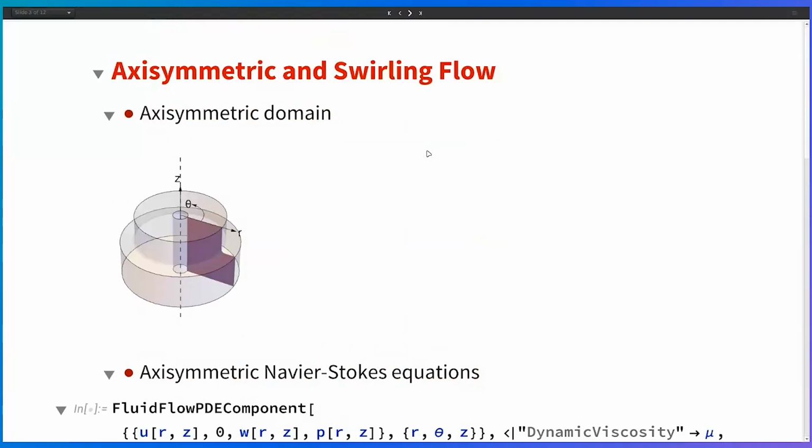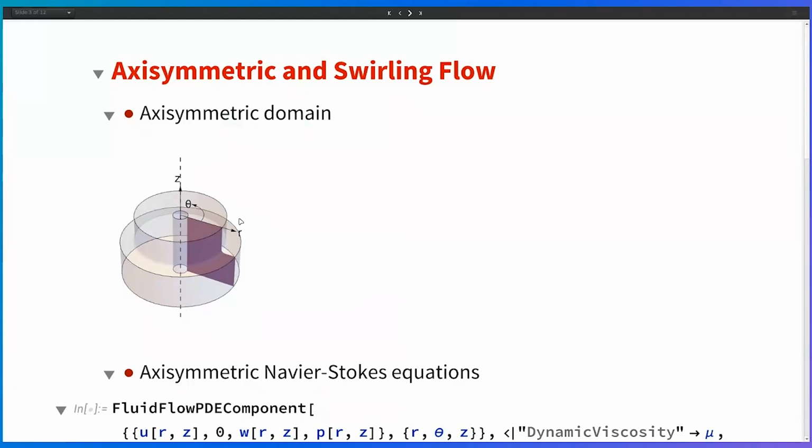So axisymmetric flow is a flow in an axisymmetric domain, and an axisymmetric domain is a domain with rotational symmetry. So it has some axis of symmetry, and if we rotate the domain around this axis, such as this axis Z in this example, then the domain won't change. In such a case, we can rewrite the equations into cylindrical coordinates.